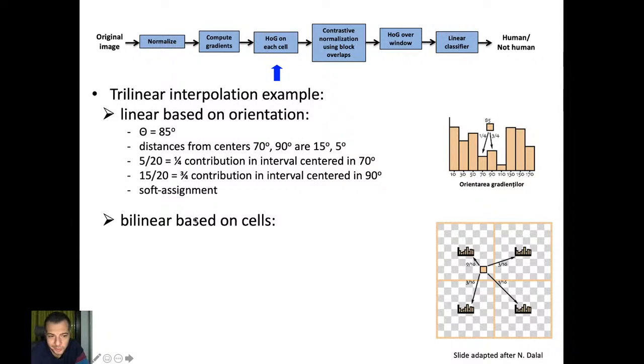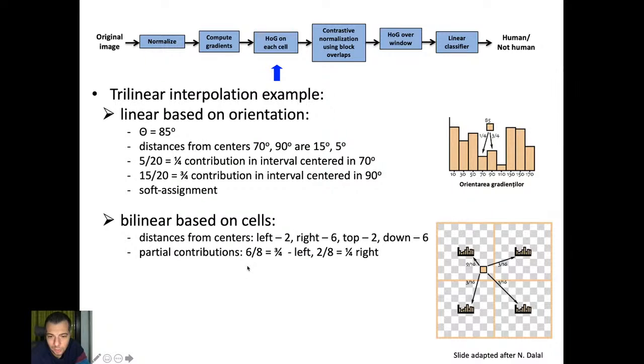So this is a soft assignment, and the same happens with respect to the location of the cells and the neighboring block. If we have this pixel here, we take the distances from the centers. So for this one, -2 to the left and -6 to the right, and -2 to the top and -6 to the bottom.